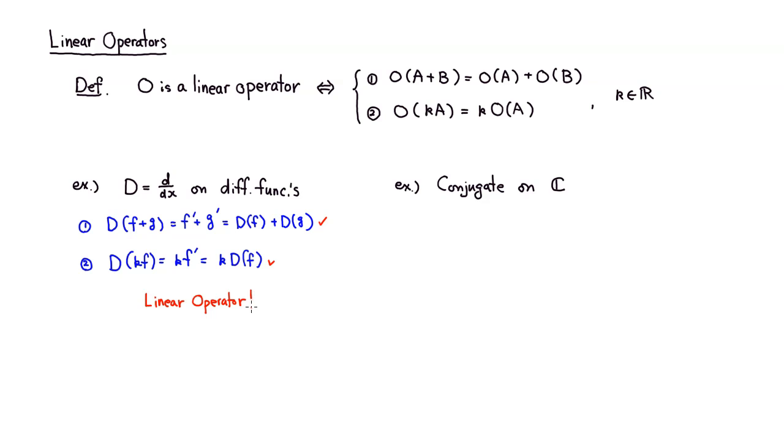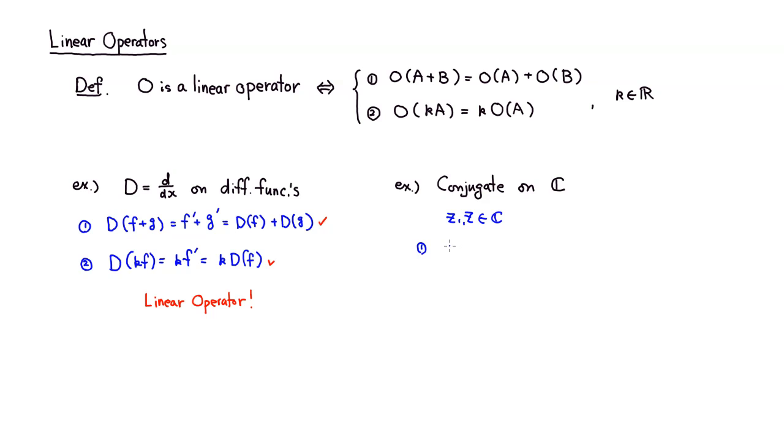Another example is taking the conjugate of a complex number. Let's say you have two complex numbers, z1 and z2, and let's check number one.